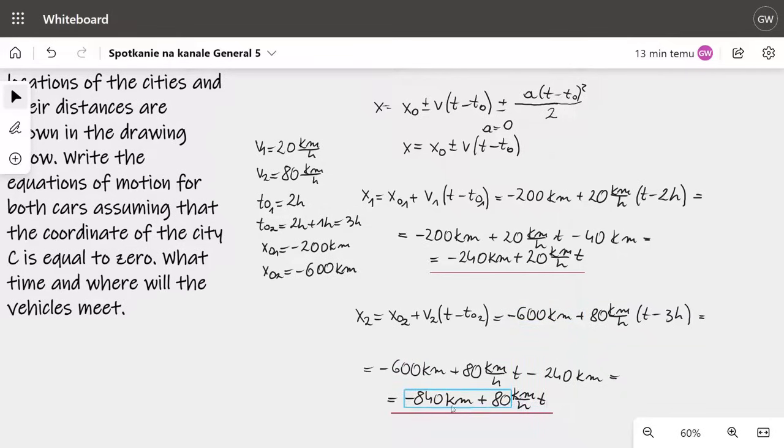Here, final equation. These two equations allow us to calculate coordinate of position of both cars at any hour if we put this hour here, here, or here.